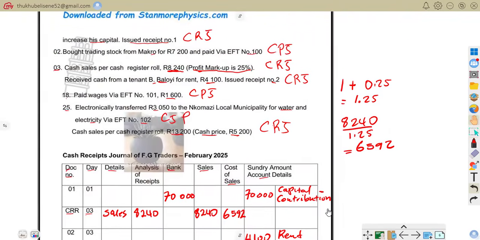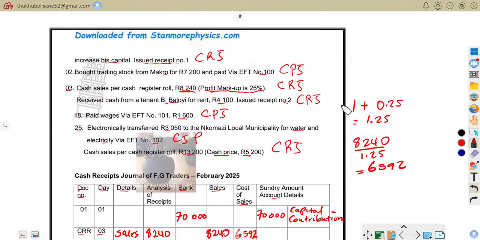If you can look at the second transaction, we have a transaction that affects the cash payment journal. He said bought the trading stock from Macro for 7,200 and paid it via electronic funds number 100.